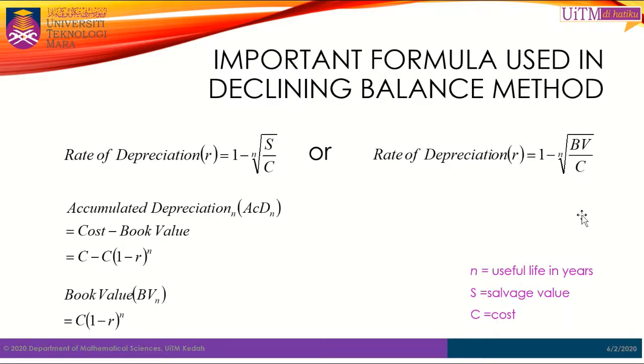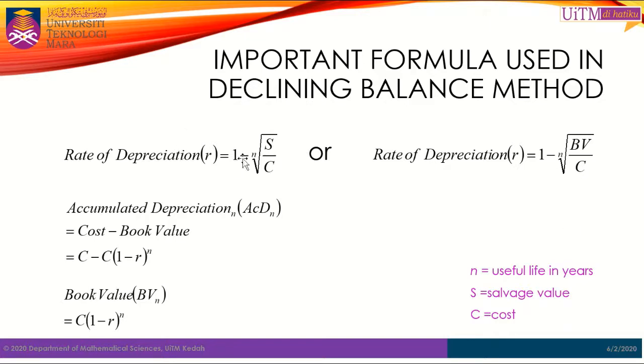Or, if the scrap value is not available, you can also find the rate of depreciation using the book value if it is given. If you are using the book value, the formula is still the same, just that you change the S with BV. But be careful here.